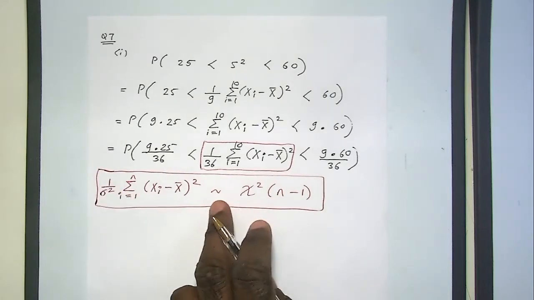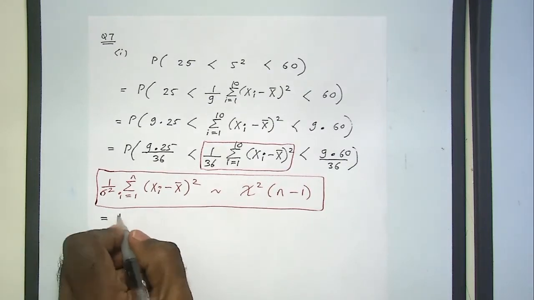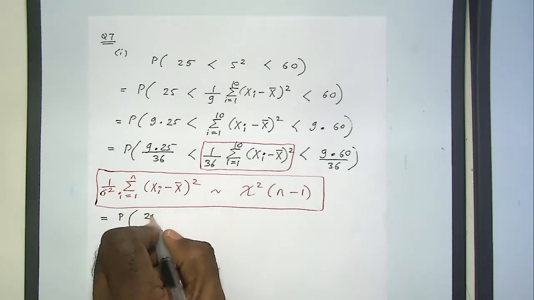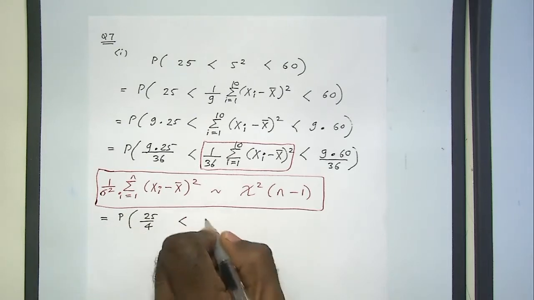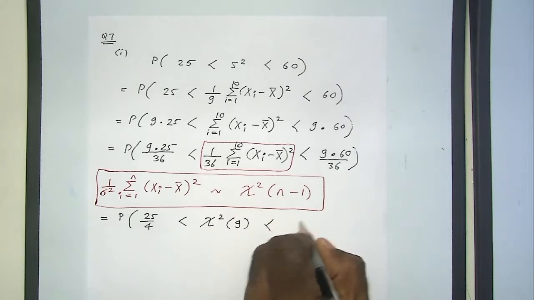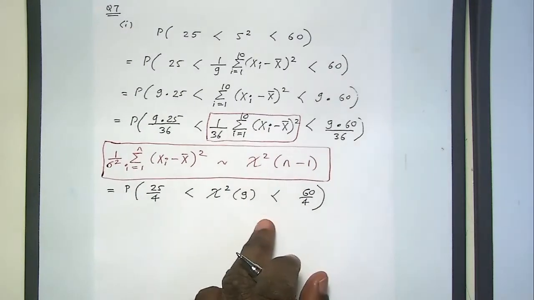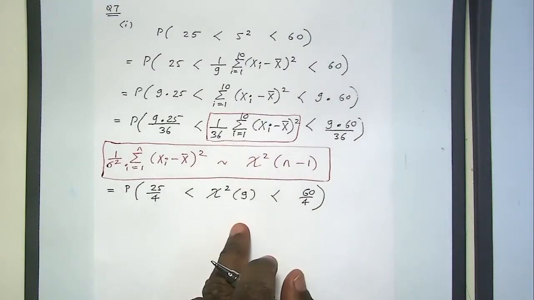Do you recall this result I gave you in the class? Alright, so that's what I'm going to use. If I use this, you get what you get. And this you'll need a computer to work out.